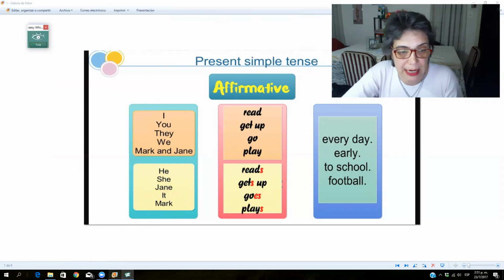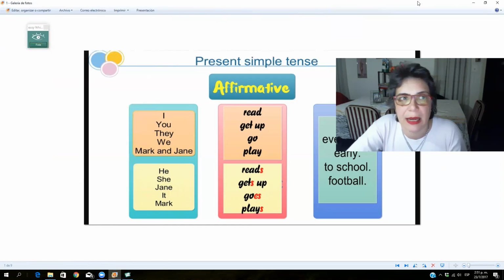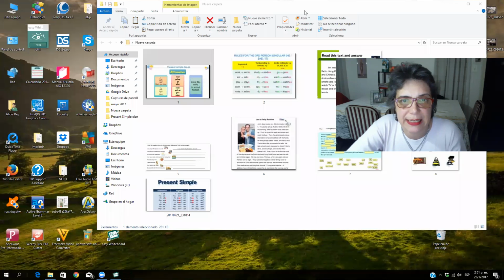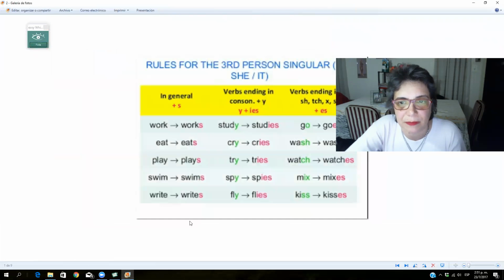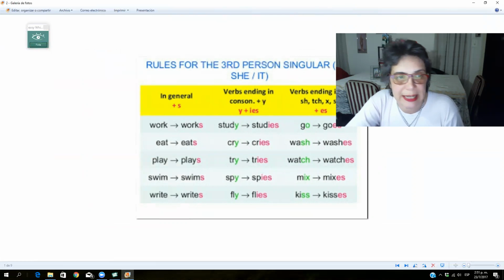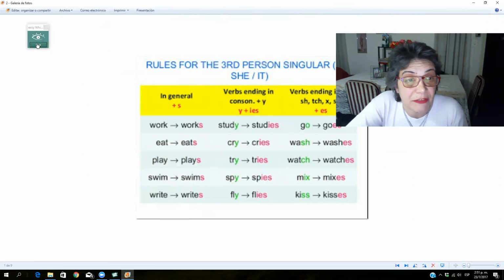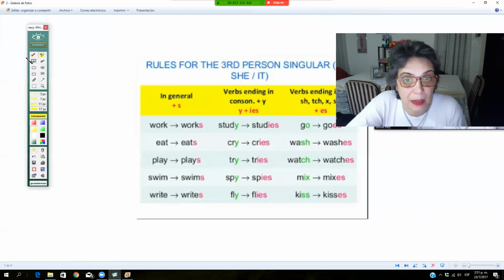Let's see if I can show you something else. Yes, here we are. This is exactly what I want you to see. We were talking about the affirmative form of the verb in the present simple. But, well, let's revise a little bit.